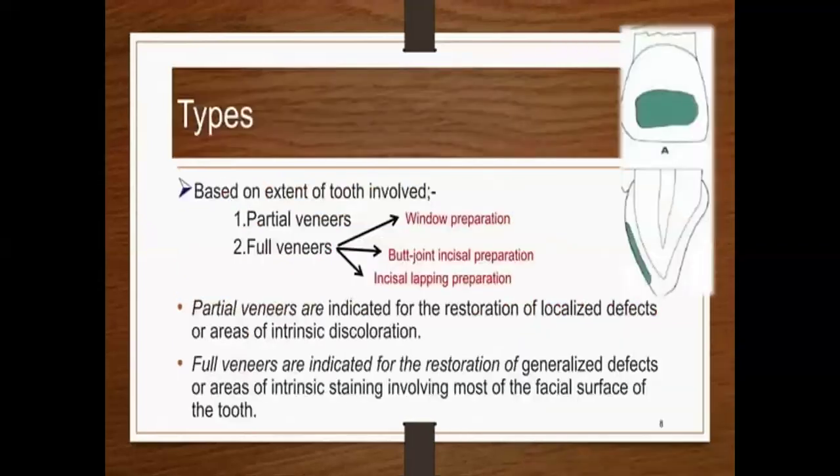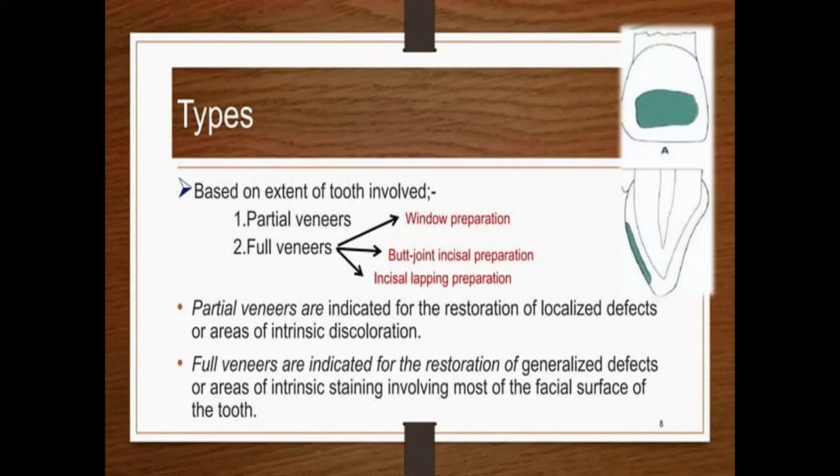When we come to the different types of veneers, it is based on the extent of tooth involved. There are basically two types of veneers: partial veneers and full veneers. In full veneers, there are many preparations such as window preparation, butt joint incisal preparation, incisal lapping preparation, and all.